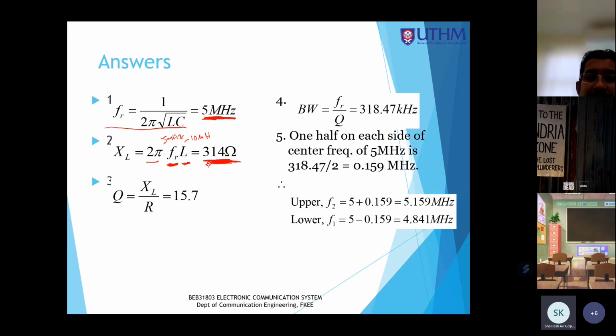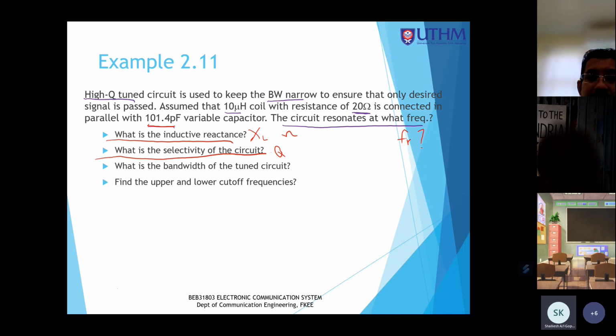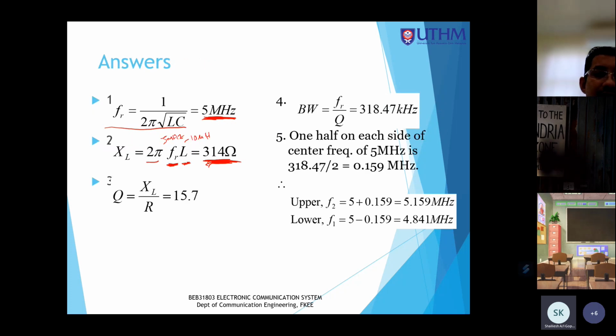Okay. And then what? The next question asks you about what is the selectivity parameter of the tuned circuit. So in this example, it's actually asks you to find the Q parameter. Okay, the Q parameter. So Q parameter is equal to inductive reactance divide with the resistance.